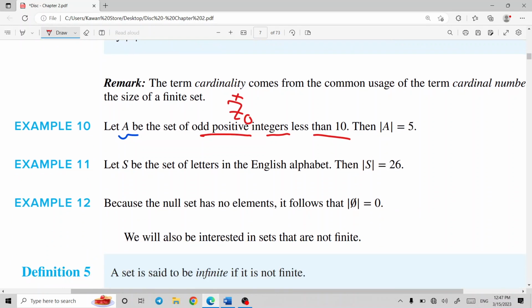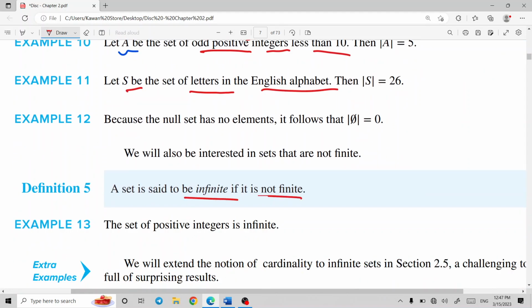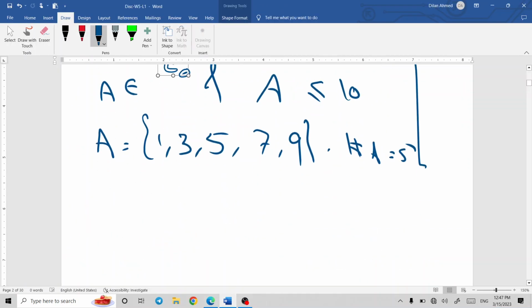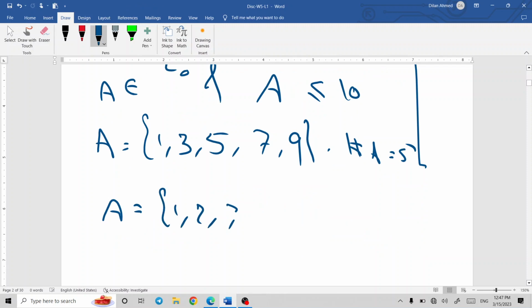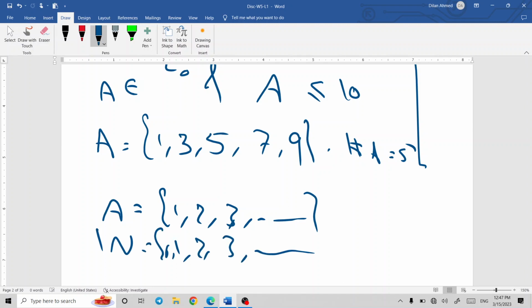And of course, the set of letters in English, we have 26. Of course, we have infinite and finite sets. Maybe the set A is equal to 1, 2, 3, and go on, like the natural number set, and maybe 0. We know these sets are infinite.